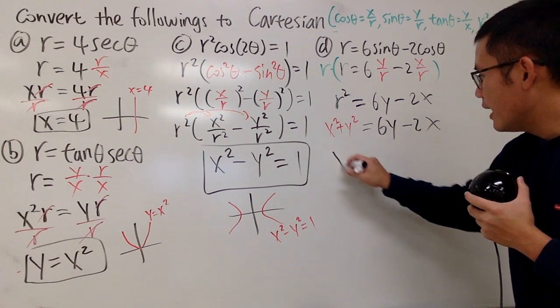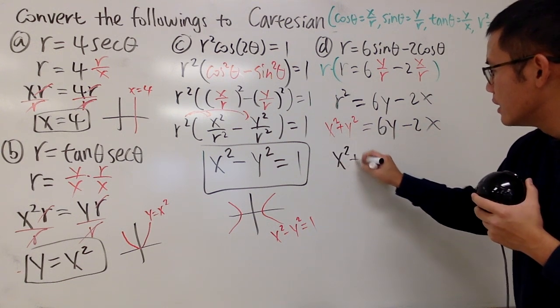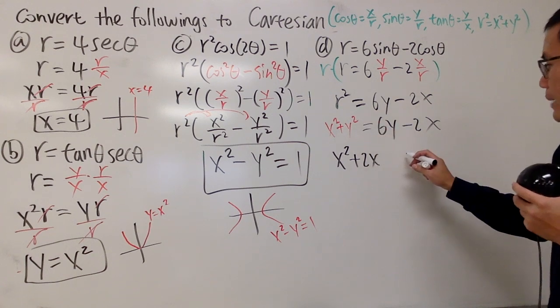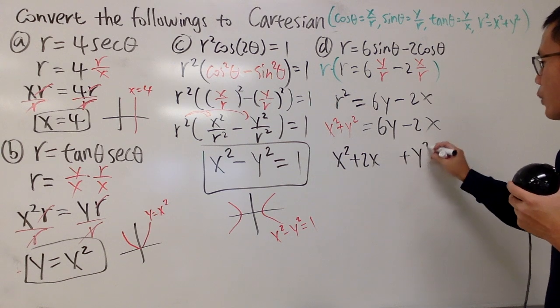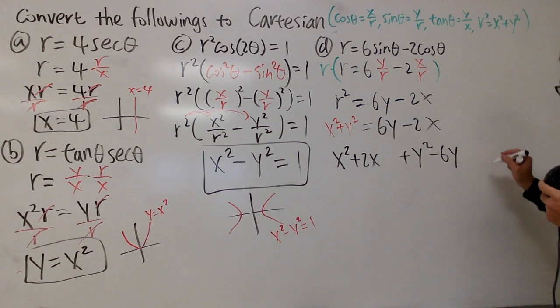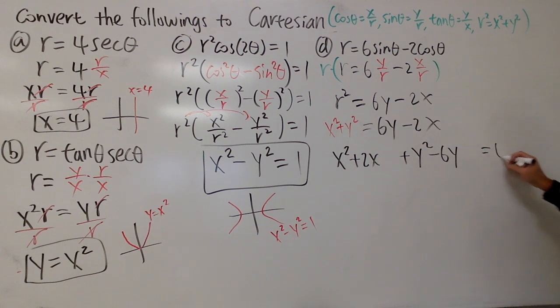So let me write down x squared plus 2x, and then I'll leave a space for the magic number. And then I will add y squared, move this to the other side, that's minus 6y, leave a space, and this is equal to 0.